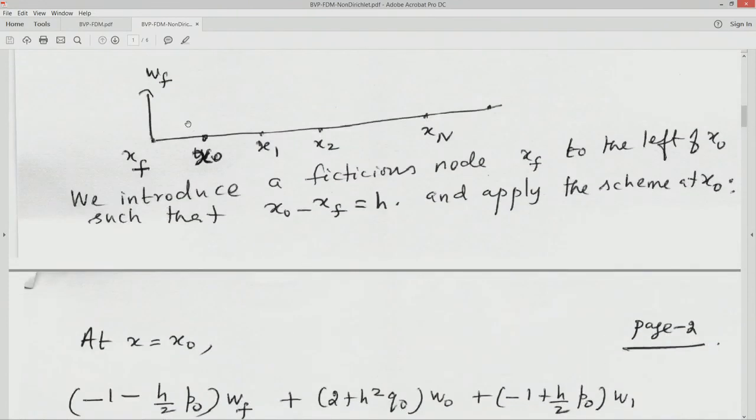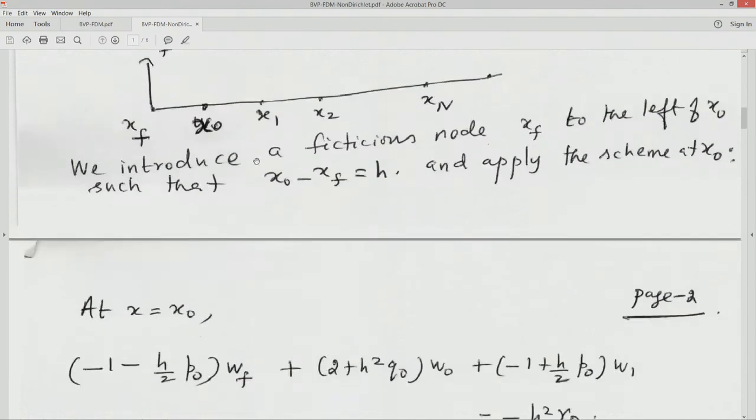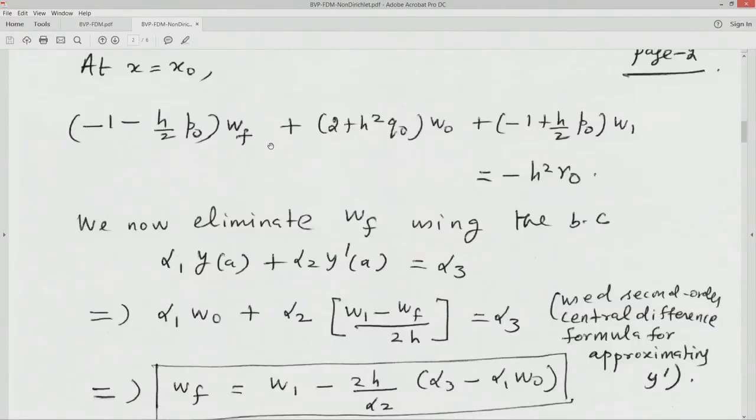So, we want to apply the second order finite difference approximation to the first derivative at this point x naught. So, y prime at x naught is equal to the value of y at this point minus the value of y at this point xf divided by the distance between the 2 points, namely 2h, and that is what we have written here.